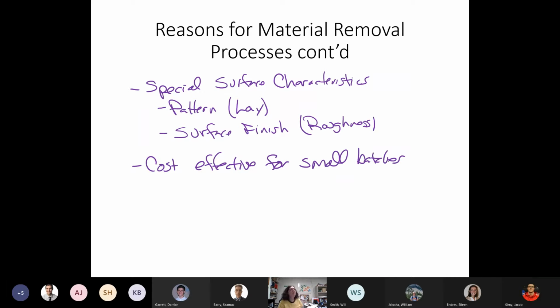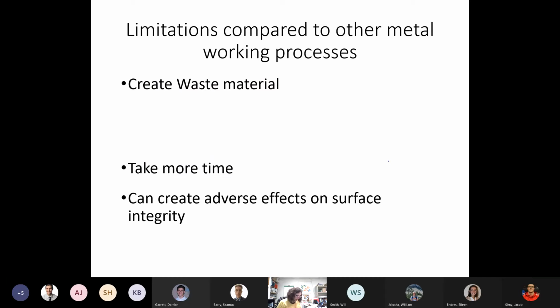So oftentimes we want to eliminate machining, but we also recognize that if you're not making a large number of parts, machining may be the most cost-effective method. Okay, so whenever we talk about what's the best process for an application, quantity is always going to be a factor in there.